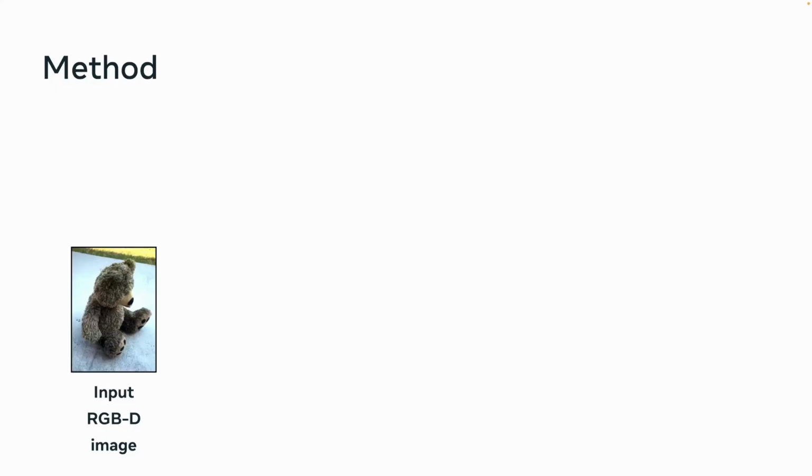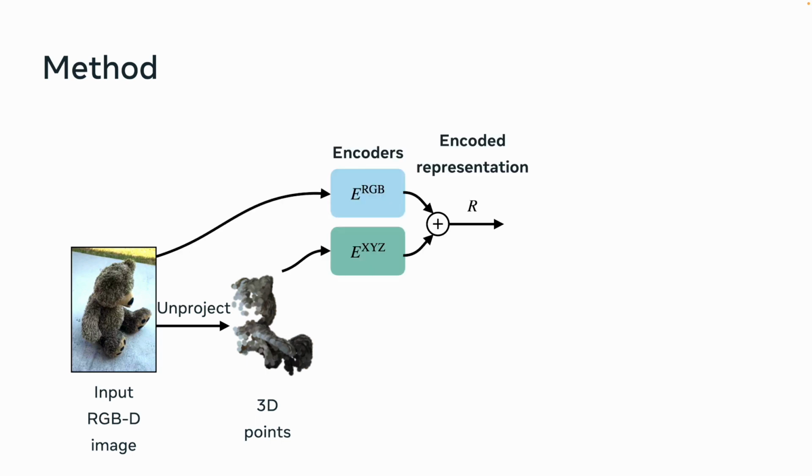The high-level design of MCC is quite simple. Given an input RGBD image, we first unproject each pixel into its 3D XYZ coordinates using the depth. We then encode both the RGB image and the XYZ coordinates using an RGB encoder and an XYZ encoder respectively.